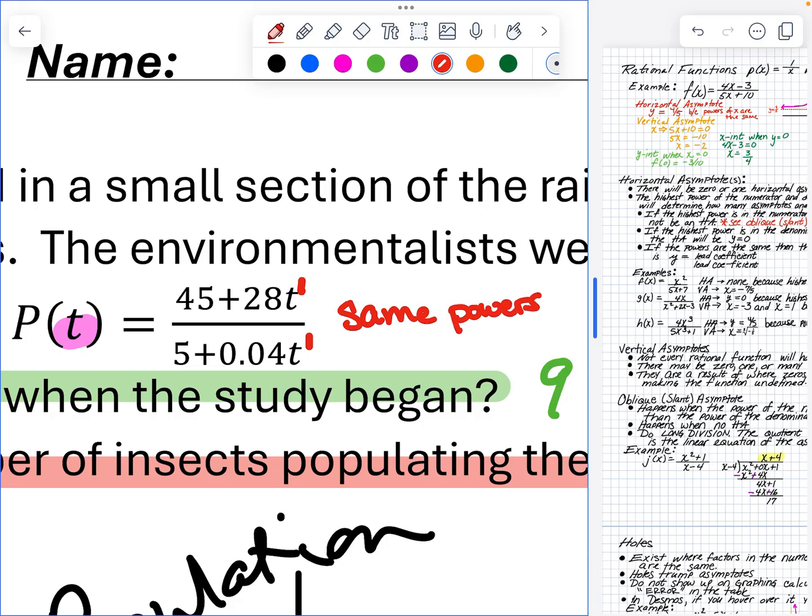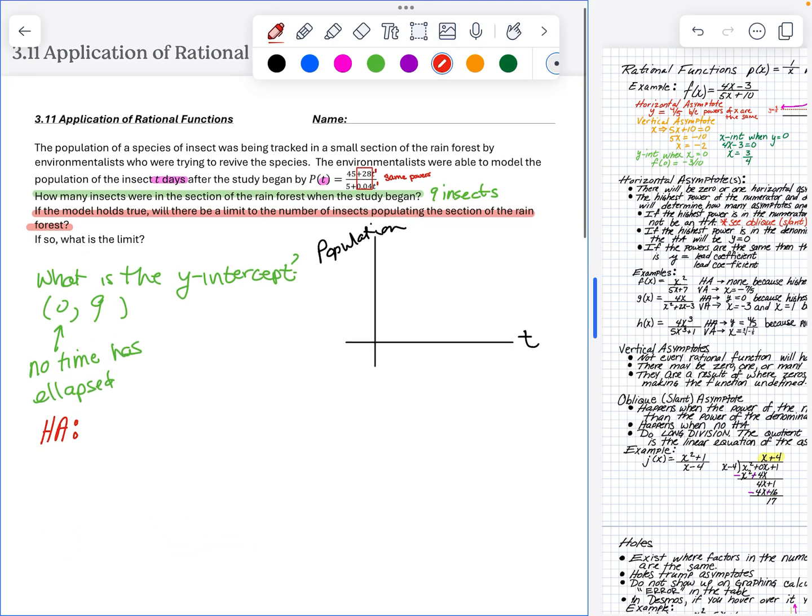If the powers are the same, we take 28 and divide it by 0.04. So y equals 28 divided by 0.04, and that makes y equal to 700.